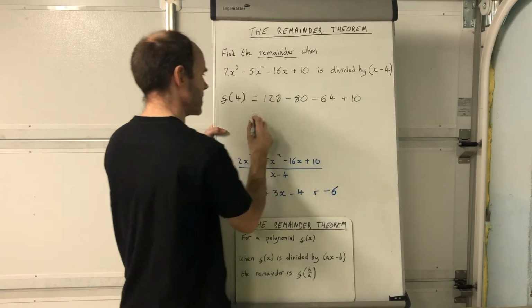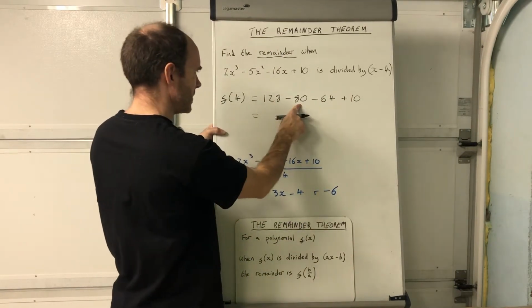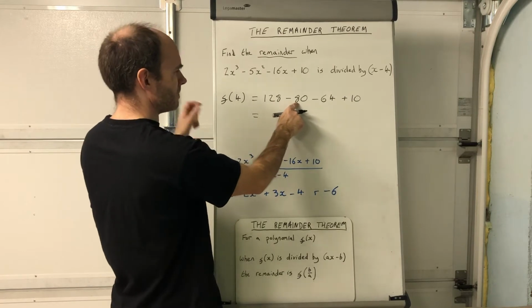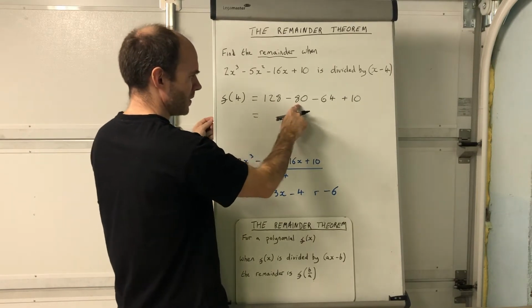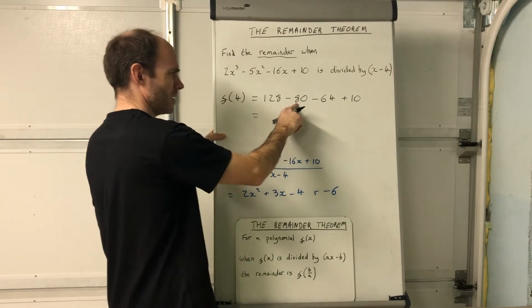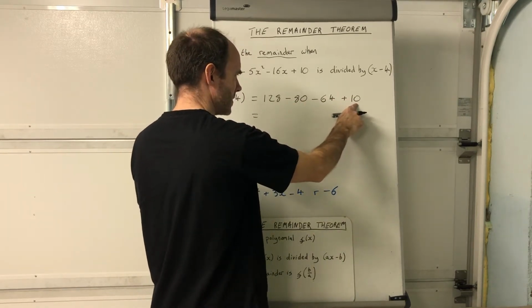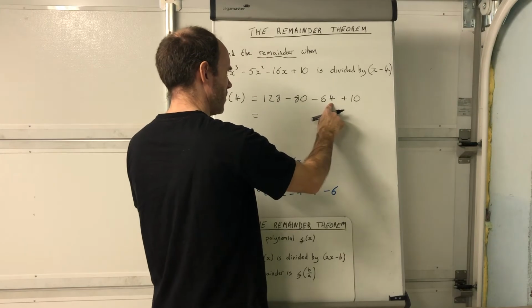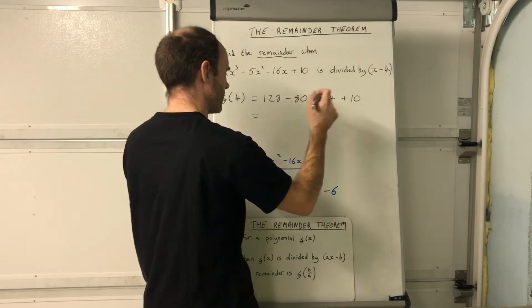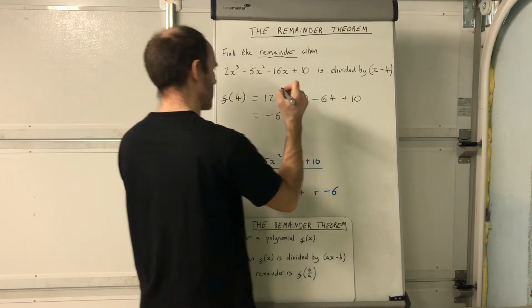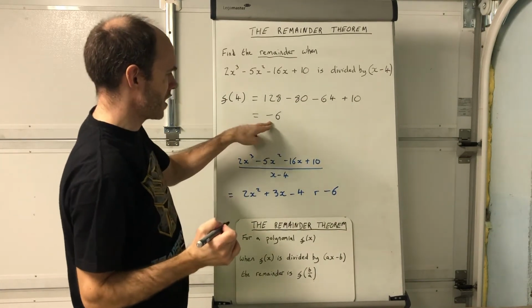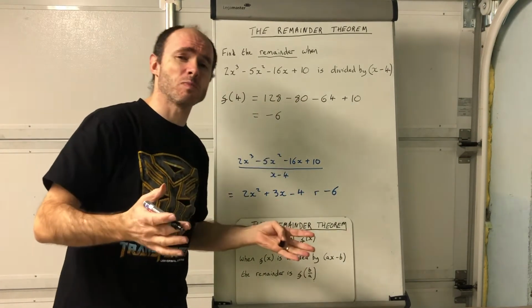Let's work out what that is. 128 subtract 80 is 48, plus 10 is 58, subtract 64, that's -6, isn't it? And there it is. You can see we got our remainder that way, -6, much quicker.